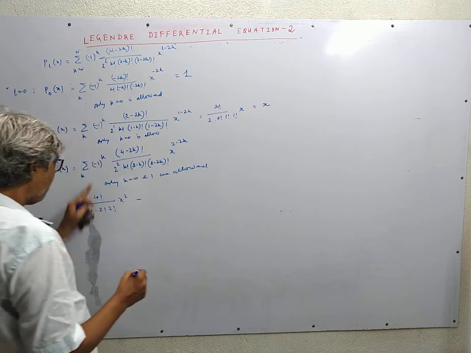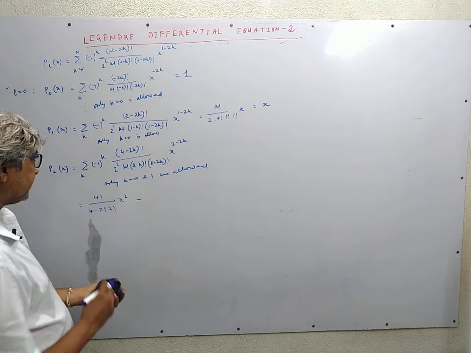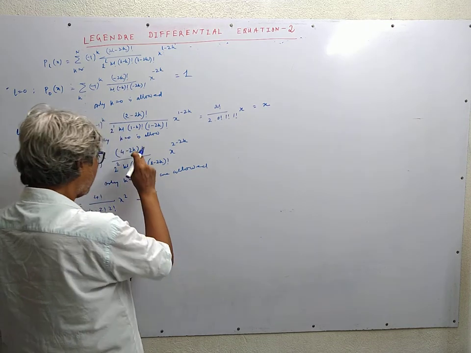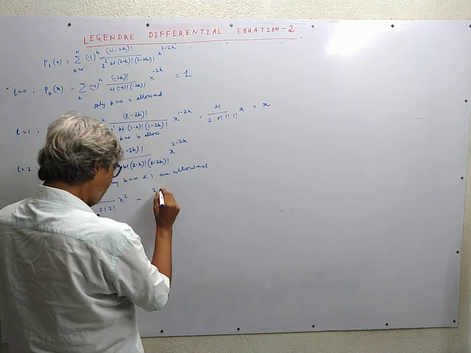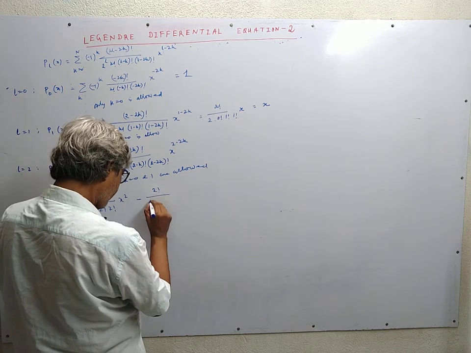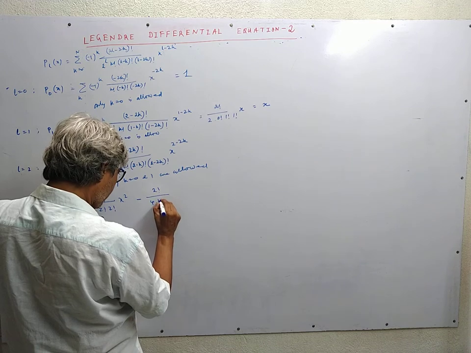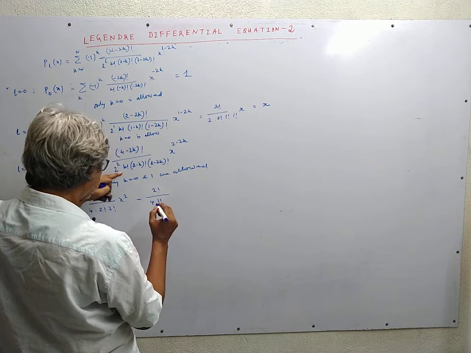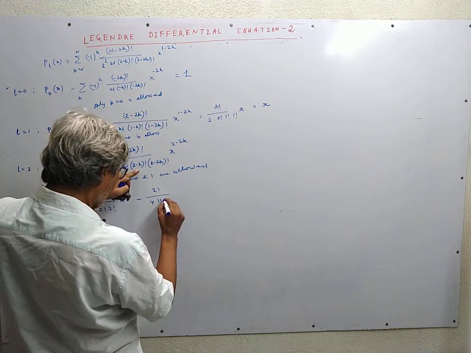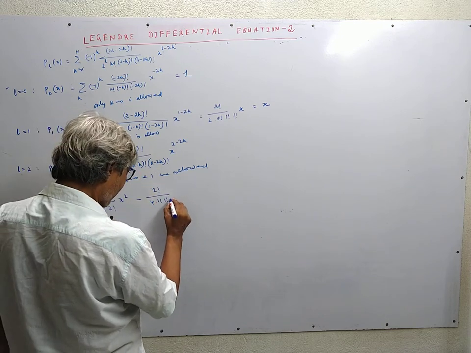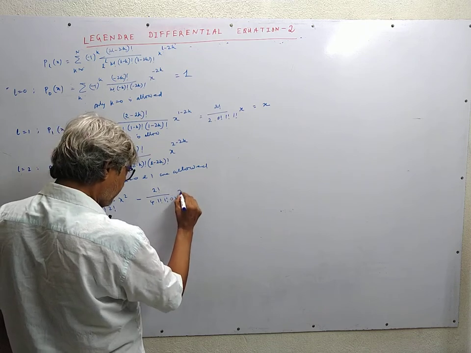Then for k equal to 1, the sign is negative, and this is 2 factorial in the numerator, this 4 is from here, then 1 factorial, 1 factorial, 1 factorial, and this is 0 factorial, and x to the power 0.